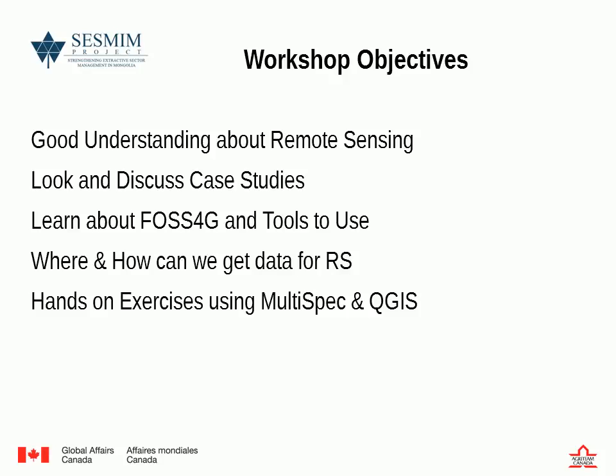What I'm trying to say is that there is now open source software developed by the global community that is available for free to use, so you don't need to use pirated software. I would like to see the possibility of using open source software to do the work in remote sensing. The other part is, where and how can we get data for remote sensing?